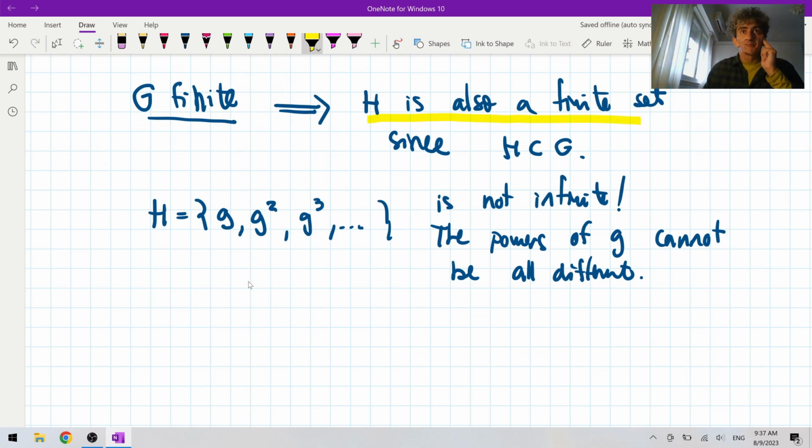Okay, let's use some properties of the natural numbers to our advantage.